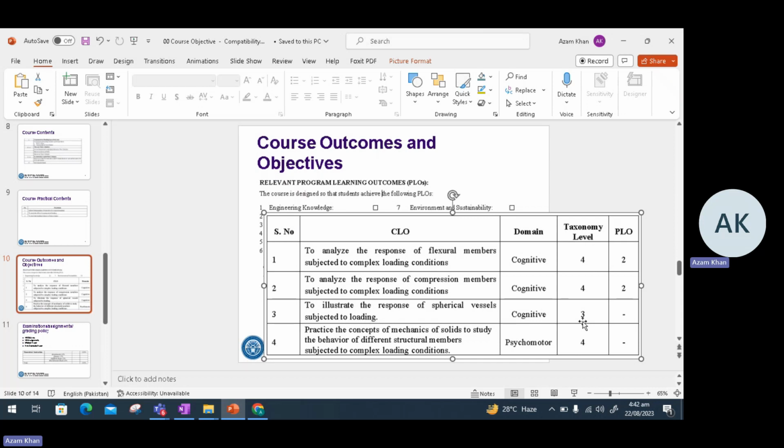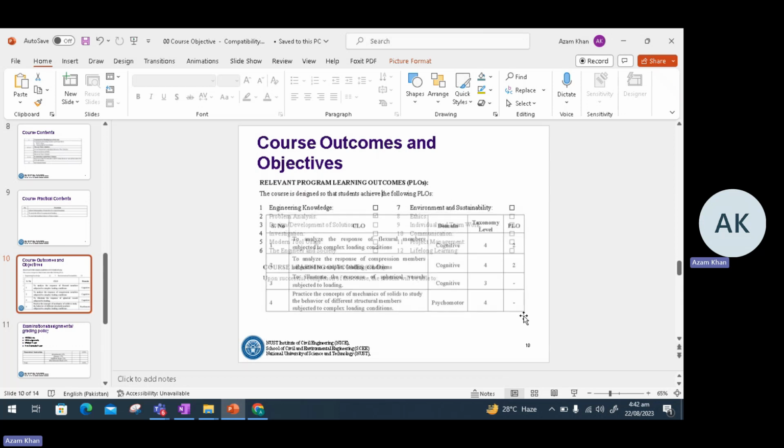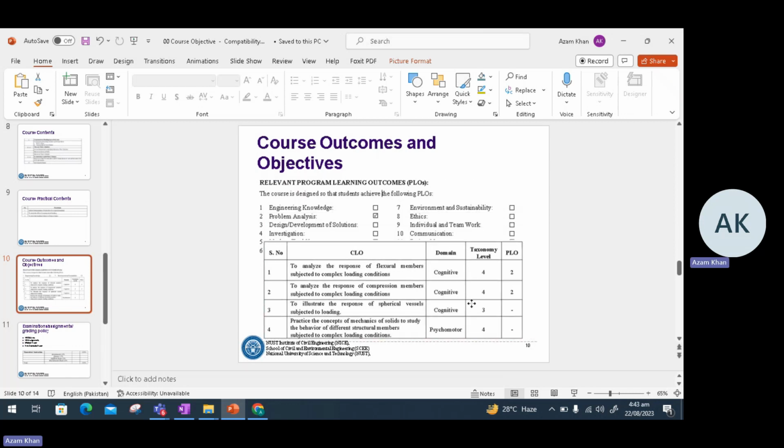The fourth one is again of taxonomy level 4, which means analysis. So all these, the four taxonomy level would mean that we should be able to solve different problems, analyze it, and come up with some interpretations. So these all are mapped to PLO2, which is analysis.